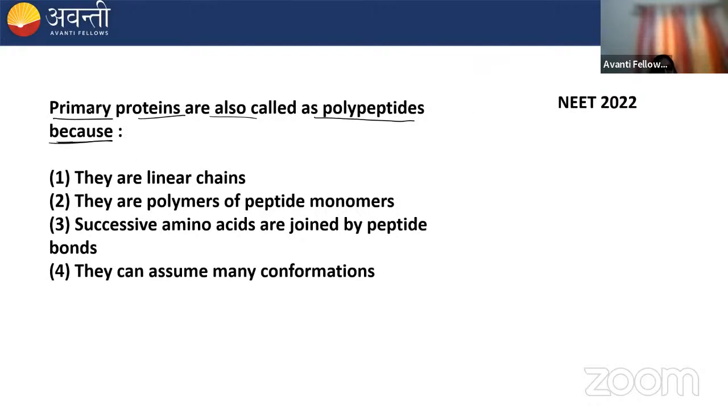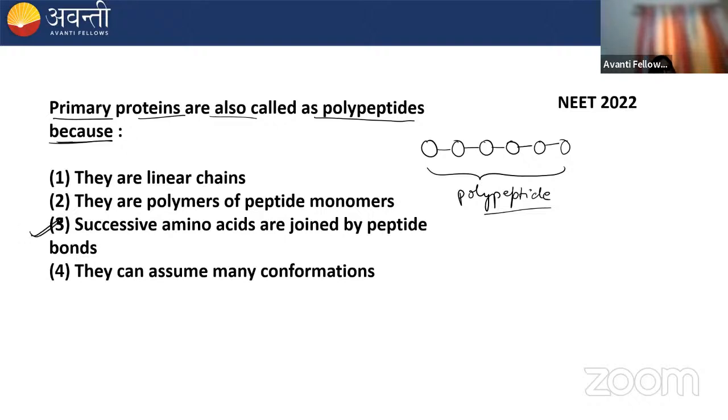So the question is asking why primary proteins are also called polypeptides. Remember, when amino acids are joined together they form a chain, and that chain is the polypeptide chain. So the primary structure of the protein shows the polypeptide chain, a sequence of amino acids.